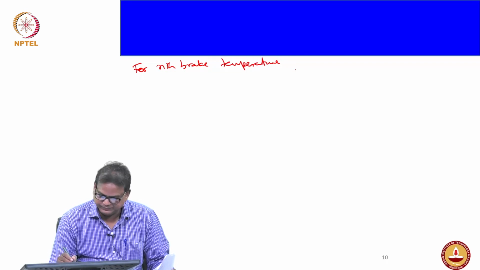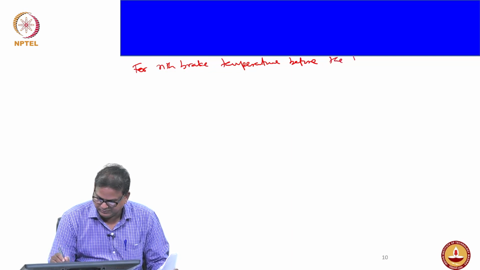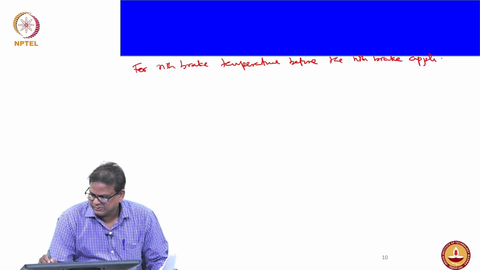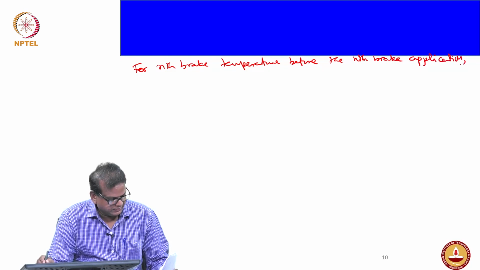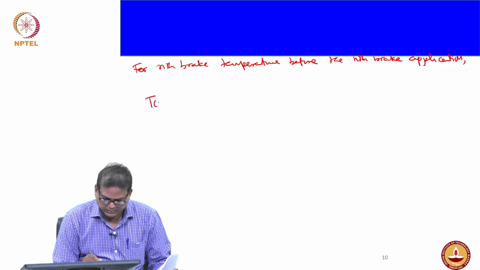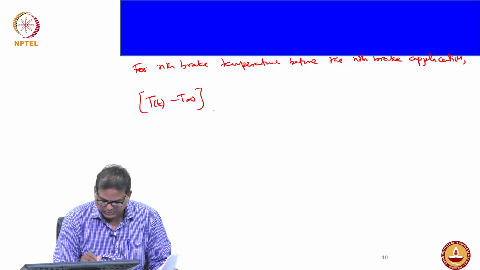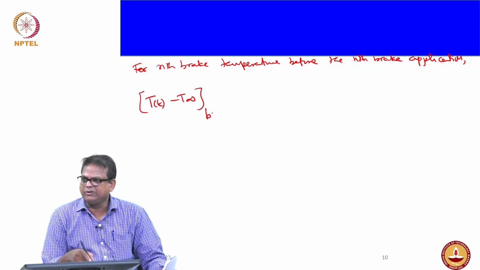this is T of t, with suffix B for before applying a brake.